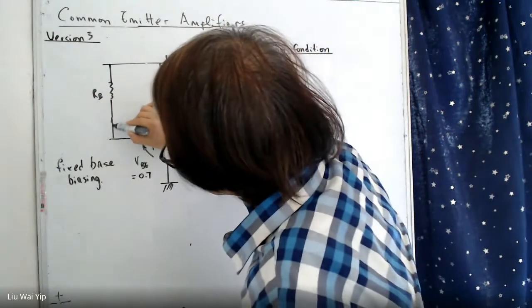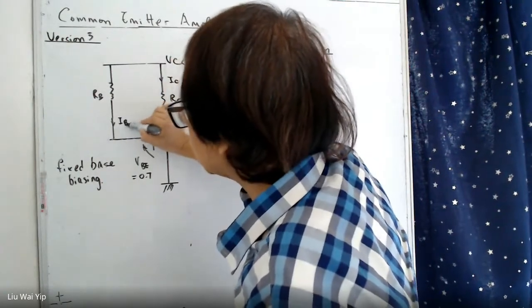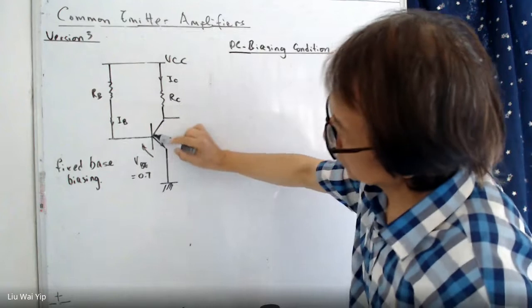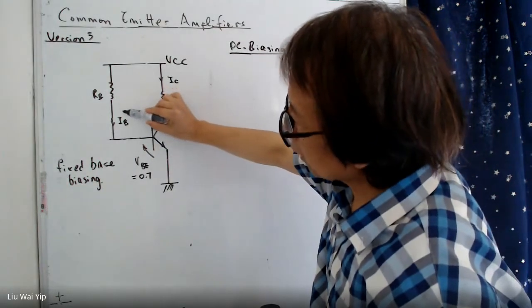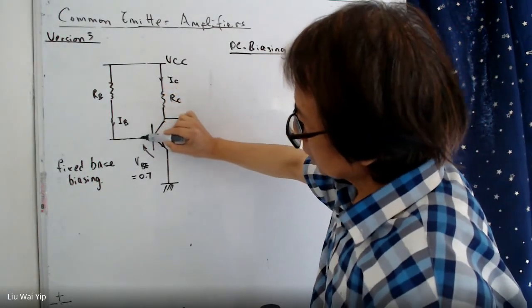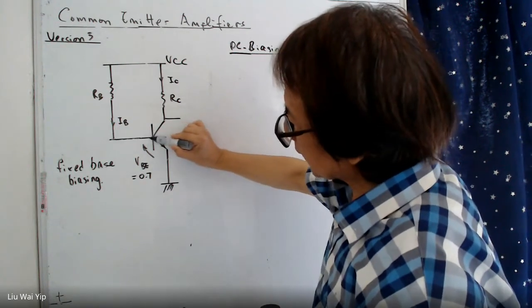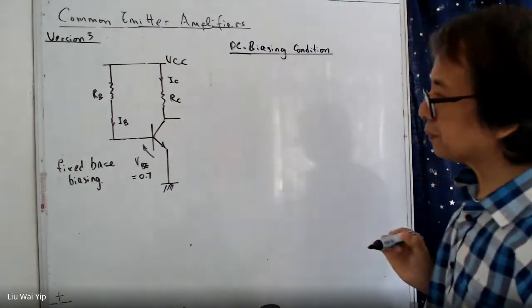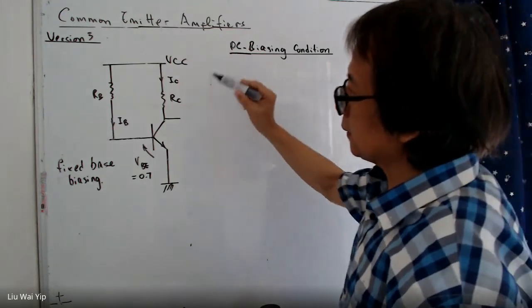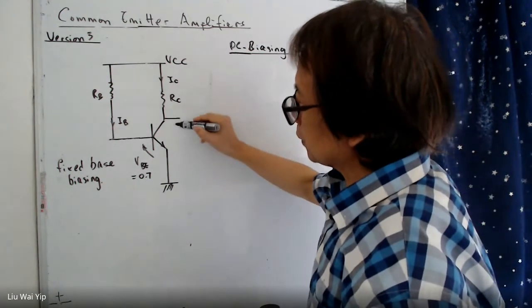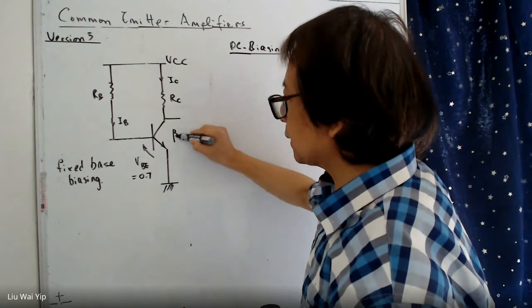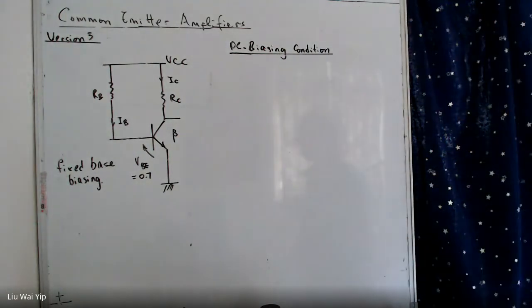First, IB, the DC current. There is a small amount of DC current going into the base terminal of the transistor. And we have to assume that the beta, the variable beta, is given.